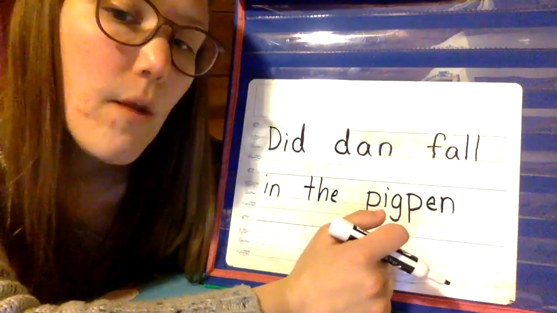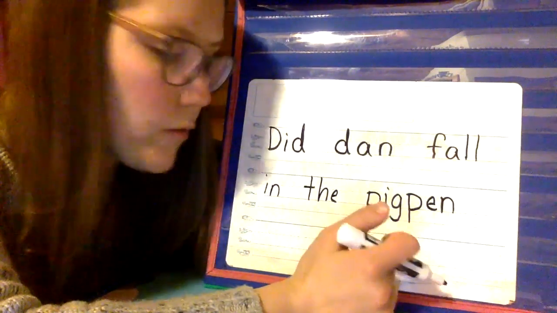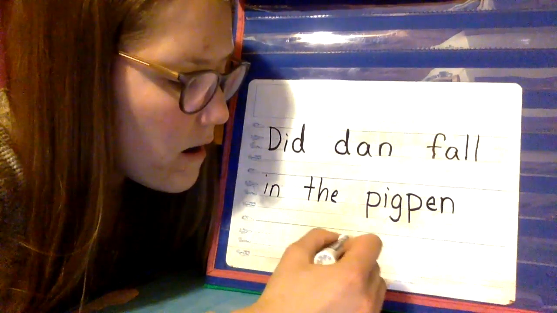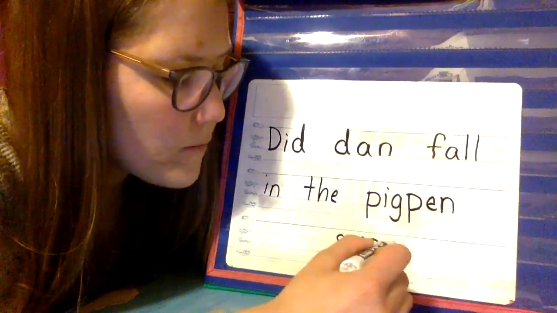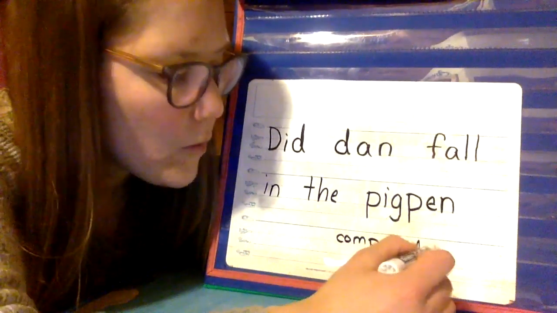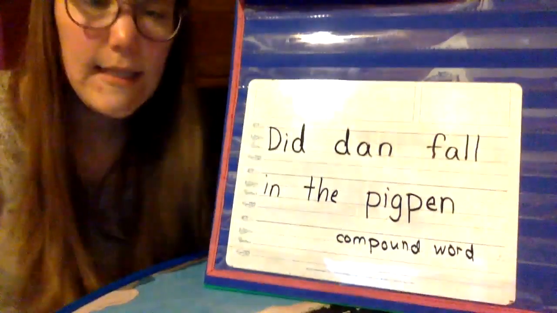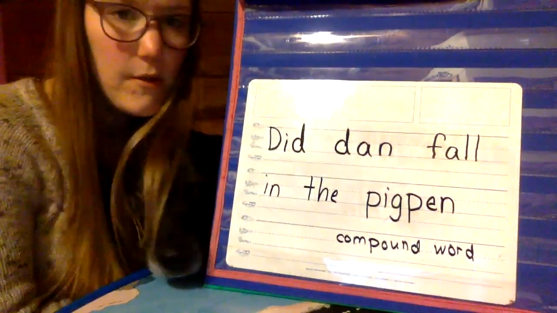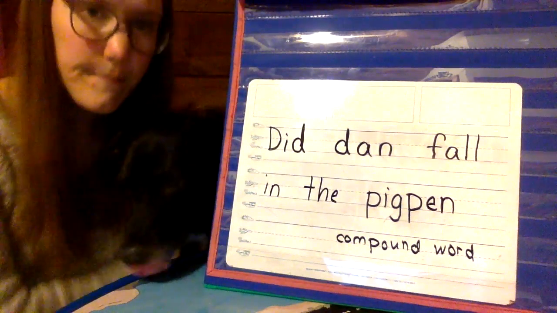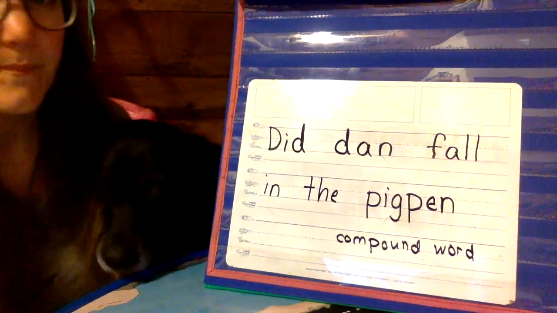Now, before we left school, we had started to talk about something called a compound word. And we did that when we were working with Scholastic News. This is my little dog. His name is Bandit.